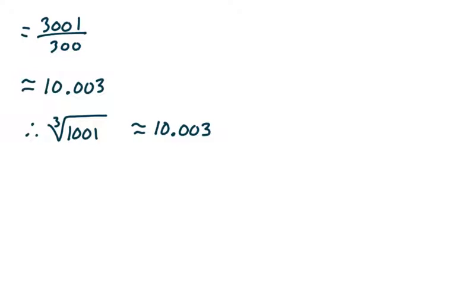Just, again, we can drive home the point. If I take the cube root of 1001 from the calculator, I would just like to tell you what I end up with.